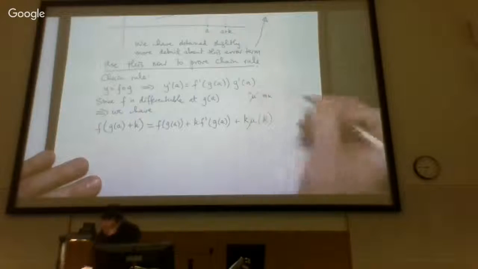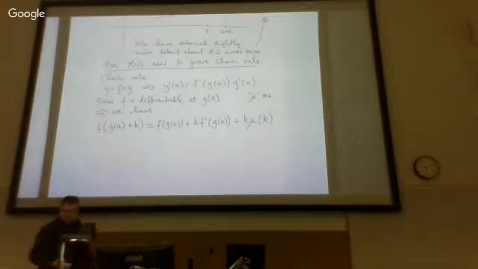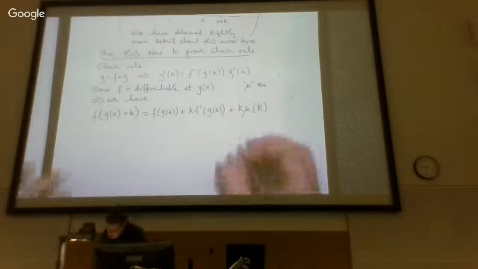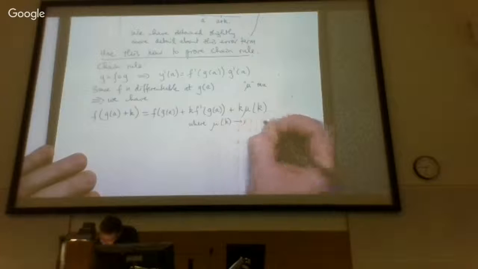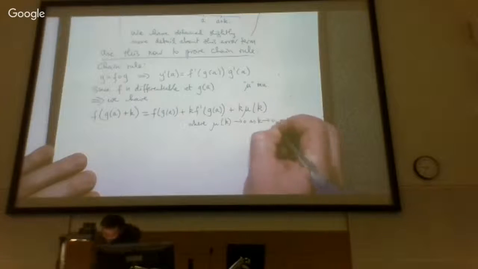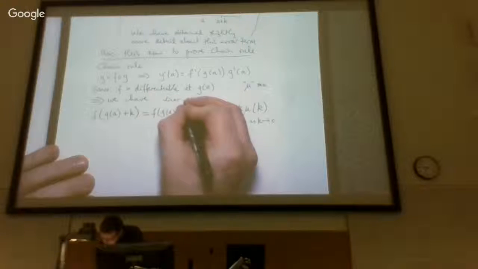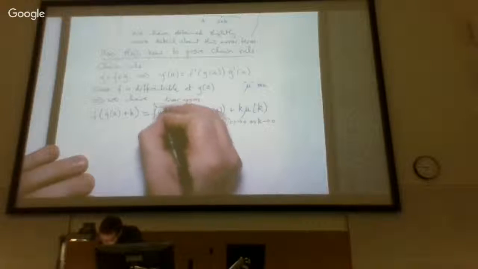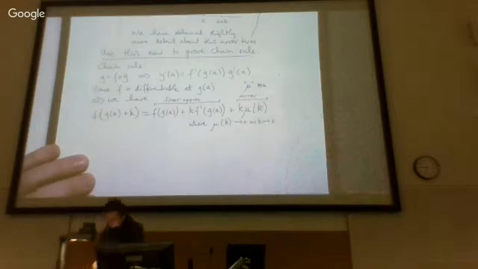That's the Greek letter mu, the equivalent of the M sound in Greek, where this function mu of k goes to 0 as k goes to 0. The linear approximation part is here, and this is the error term here.